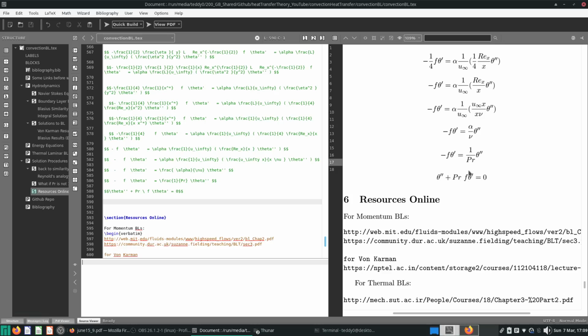If we already have values of f, we can just plug in those values there, no problem, and we perform integration. It's that simple.